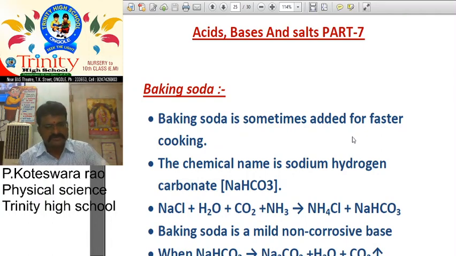But in our house we cook for more time than the outside pakodi. So my dear students, it gives faster cooking for the substance. So what is the chemical name of baking soda? Sodium hydrogen carbonate.